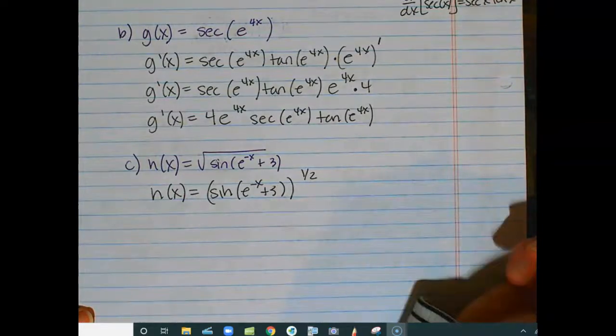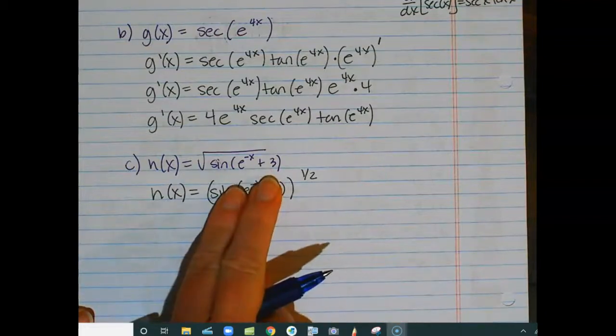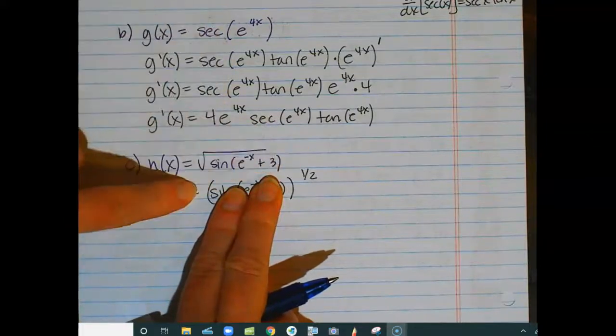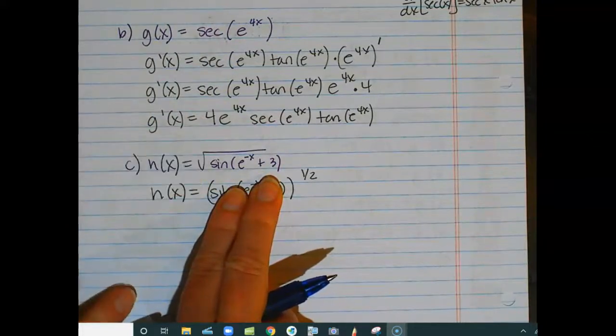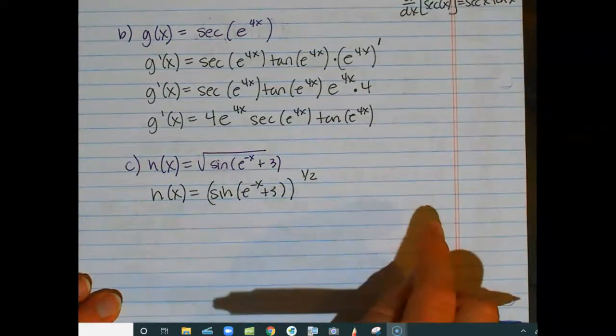And what that does is when it's written like this, you recognize it as power rule. Whatever is inside of here is power rule, so 1/2 goes to the front. Keep the part where my fingers are, and then subtract 1 from here, so we get negative 1/2. Then we're going to take the derivative of the inside.